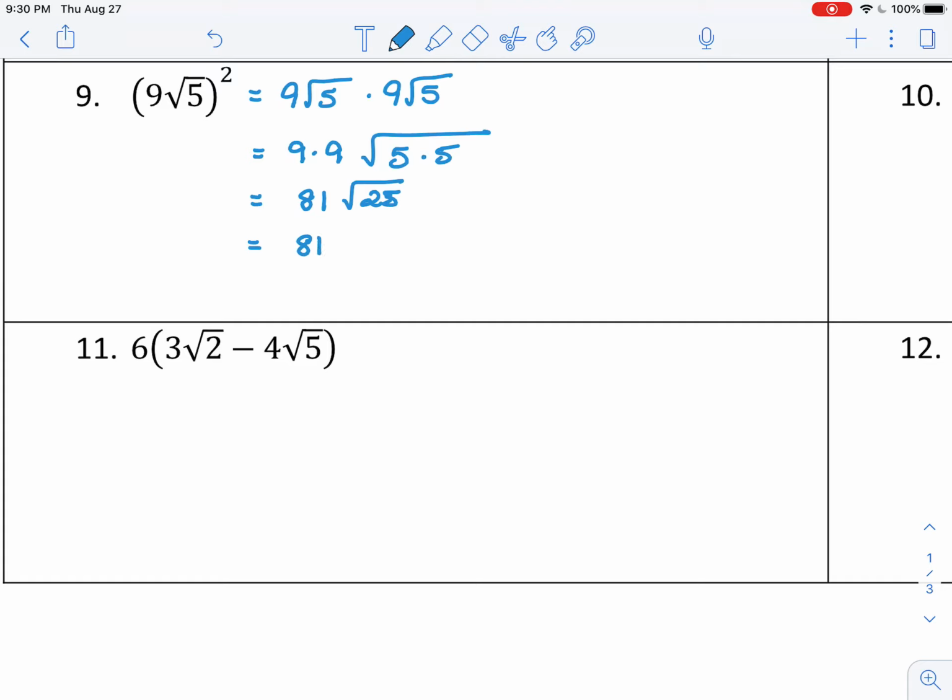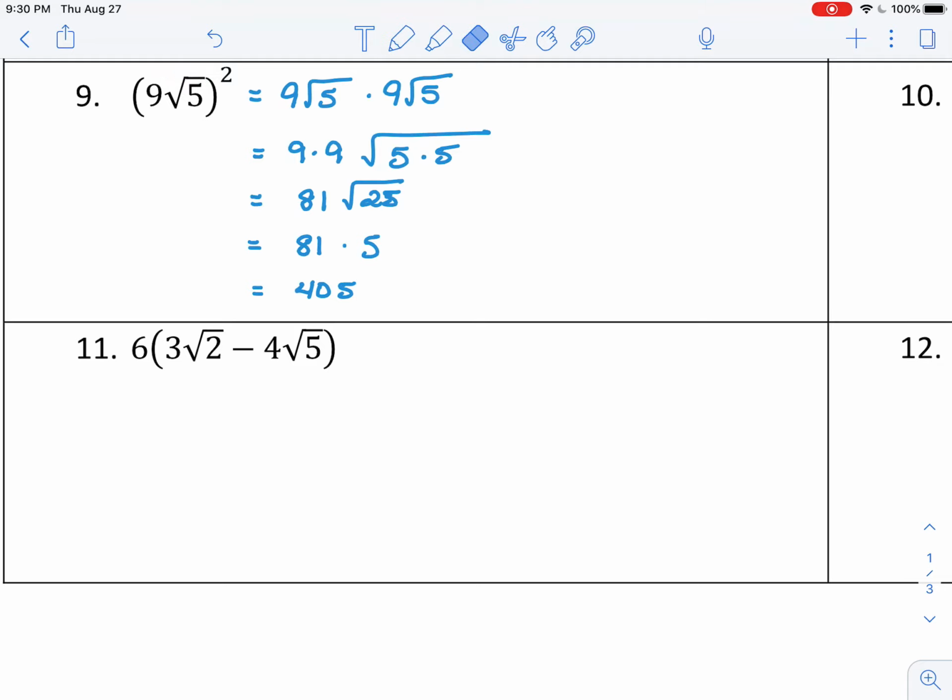You could break it apart, but again, some of you might already realize the square root of 25 is just a regular 5. So I have 2 regular numbers. They can be multiplied back together. I might also point out to you that 81 square root 25 is what you get when you do 9 squared is 81. Root 5 squared is root 25.